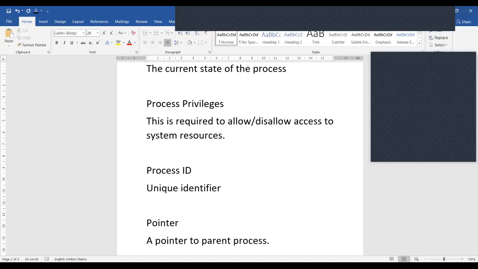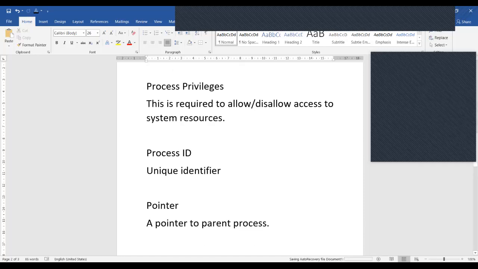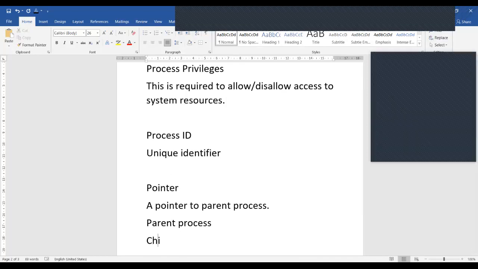But I am explaining again. Suppose there are two processes. One is a parent process, another is a child process.